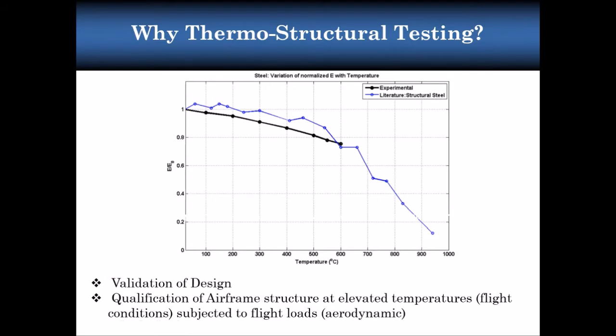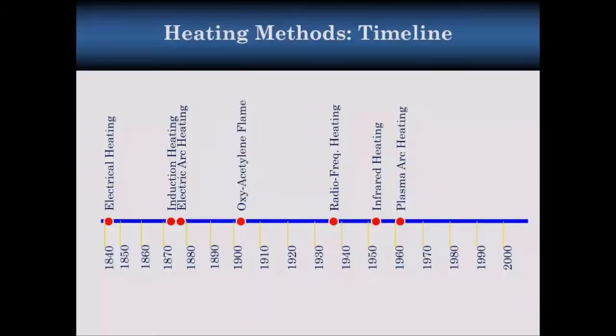Obviously, when the strength reduces, the total properties and effectiveness come down. By testing, we can validate the design and evaluate the performance of the airframe section. If it is a composite section, we can also qualify its manufacturing process by conducting thermostructural testing.